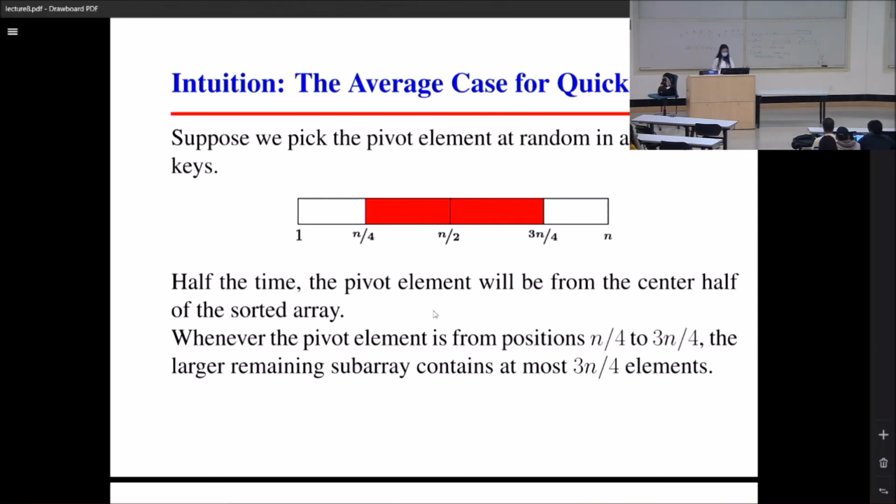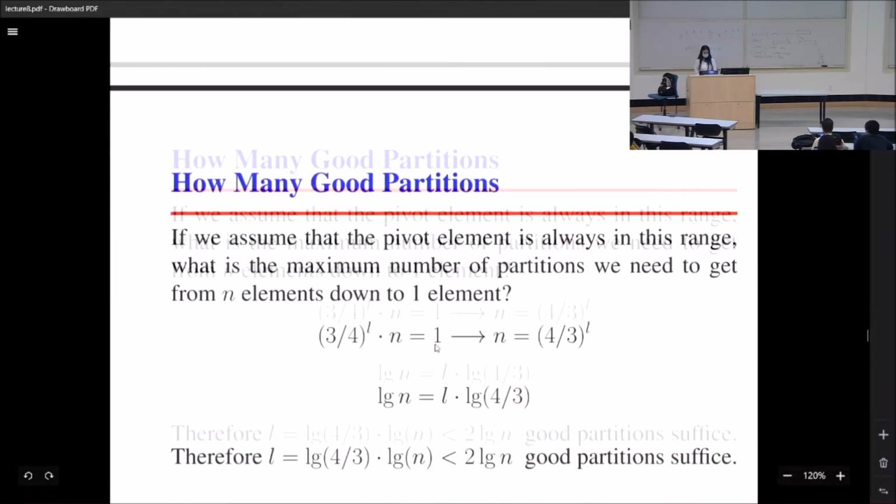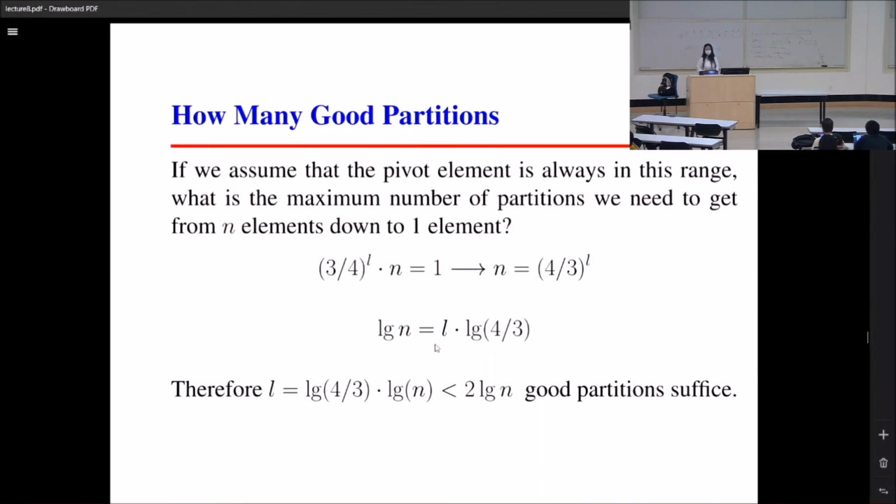And now, whenever the pivot element is from the position n divided by 4 to 3 times n divided by 4, the larger remaining subarray still contains at most 3/4 of the elements. If we assume that the pivot point is always in this range, what is the maximum number of partitions we need to get from n elements down to 1 element?